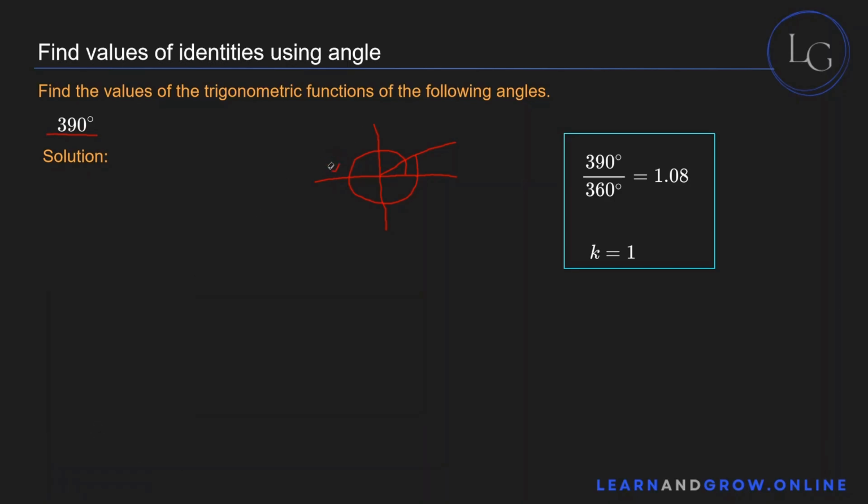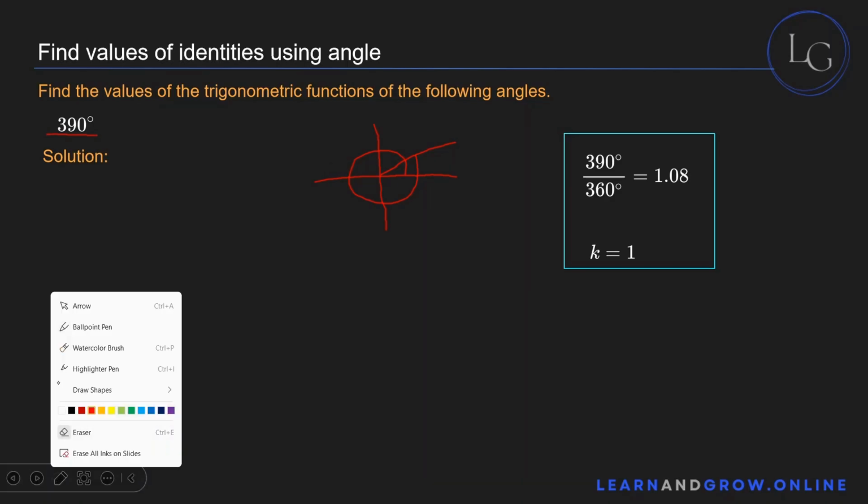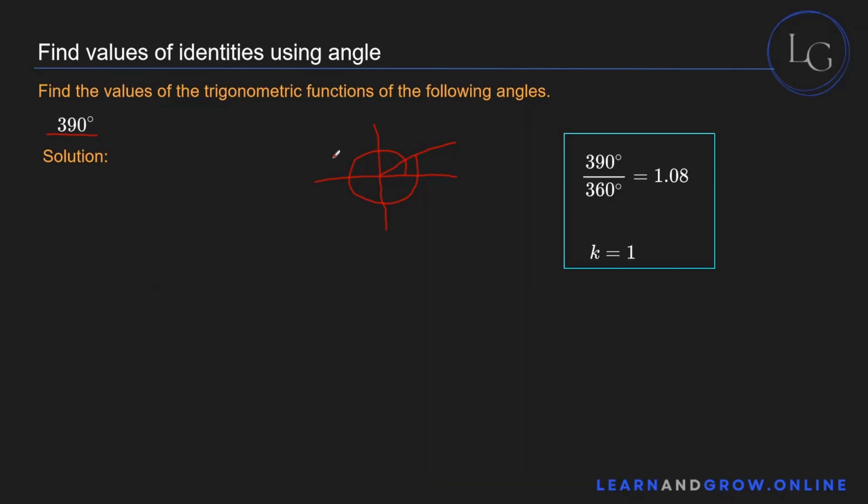The software is a little bit buggy, but just bear with me. And obviously it goes beyond 360, the complete revolution. So basically what we need to find is this angle only, that is equivalent to 390 degrees.